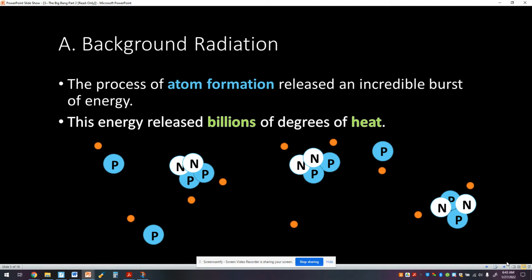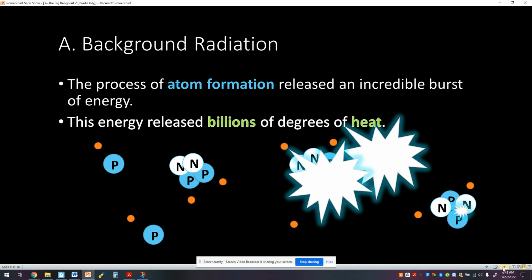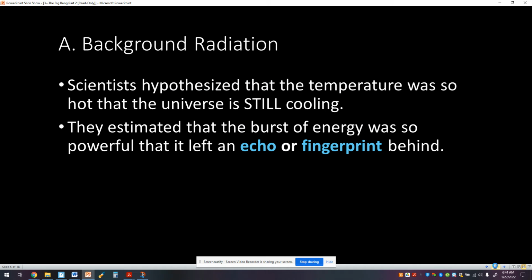And again, remember that the universe had to cool a little bit in order for those electrons to come around. So you can see here as those electrons combine, you get heat being released there.